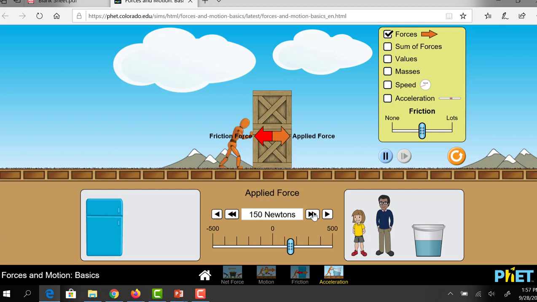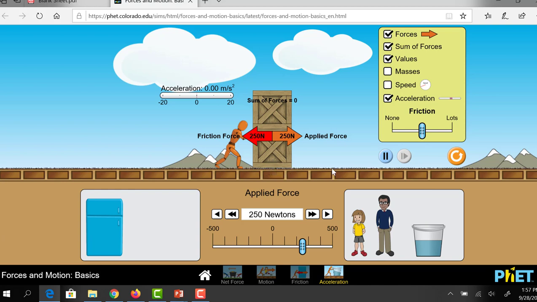I'm applying 100 newtons, 150 newtons, 200 newtons, 250. So same thing. Here's the values, acceleration. So I have not overcome the maximum amount of static friction here either. So static friction is related to the normal force and also the materials here.